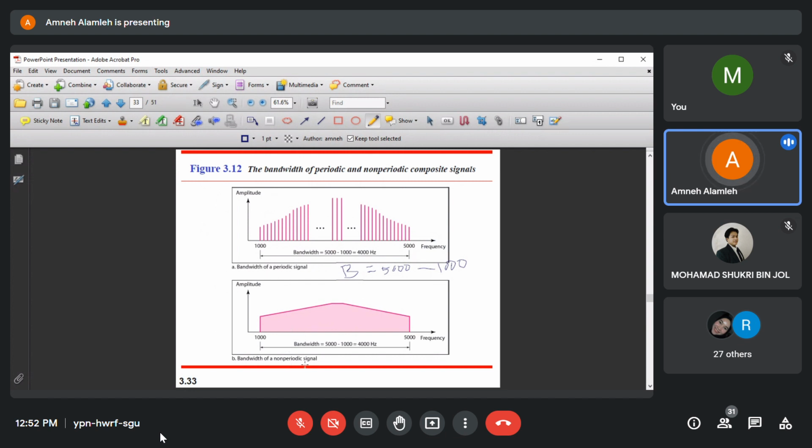And in the non-periodic signal, we can see this one is continuous. We have the highest frequency, which is 5000, and the lowest frequency, which is 1000. So B equals the same quantity, 5000 minus 1000.